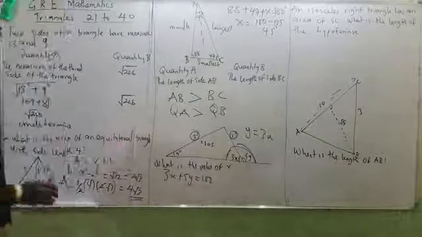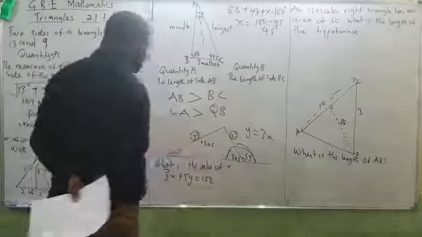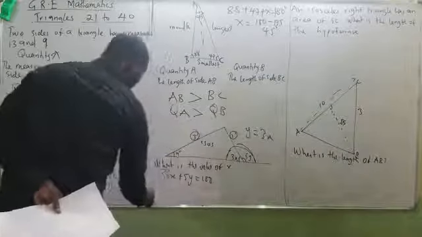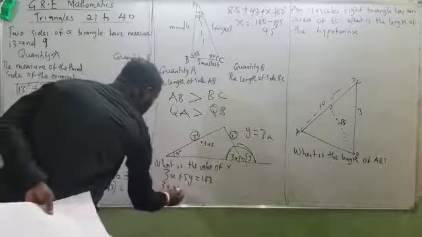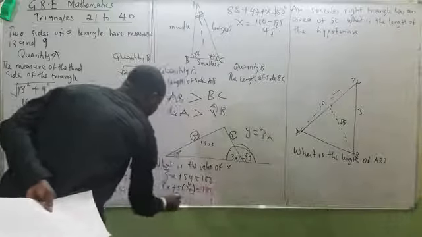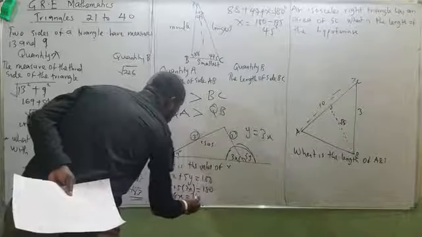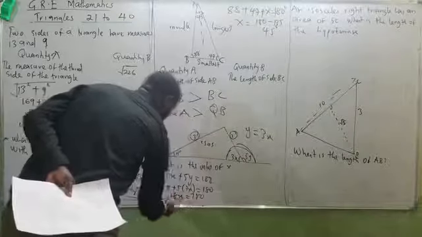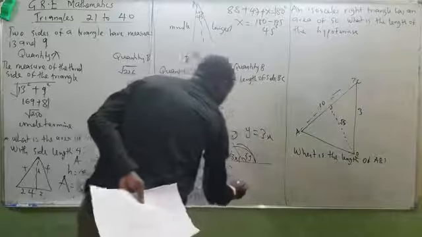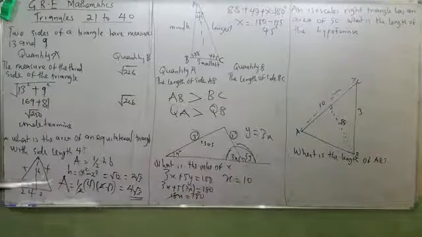Since it's an isosceles triangle, it has the property that the base angles are equal. So 3x plus 5 bracket of 3x equals 180. I will have 18x equals 180, and my x will be equal to 10. That is the value of x.